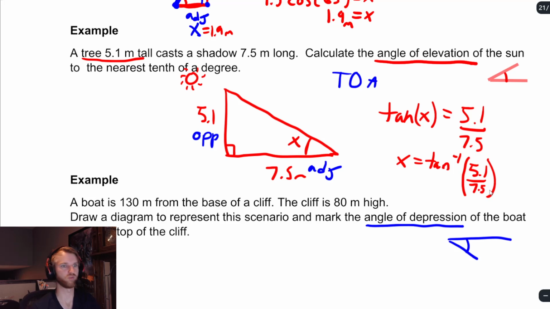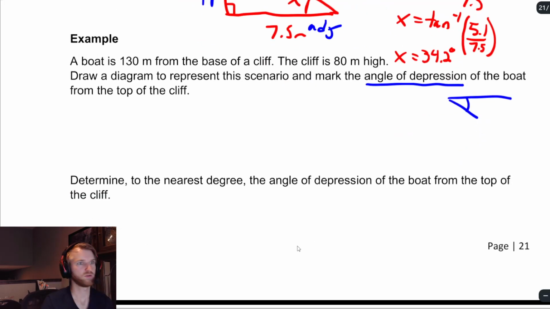And we put that into our calculator. When I put that in my calculator, I got 34.2. It says to the nearest tenth of a degree, so the 0.2 is the nearest tenth. So that is this angle here. That's the angle of elevation.